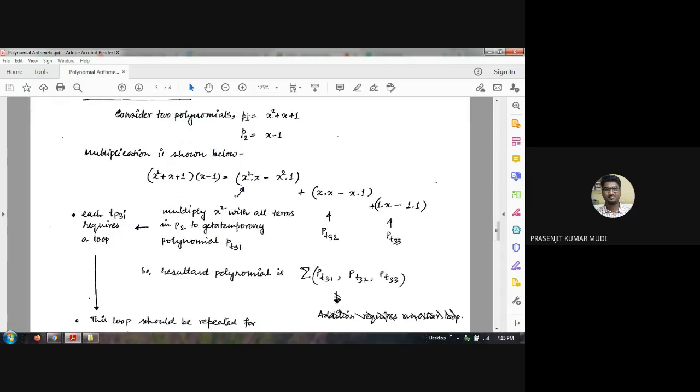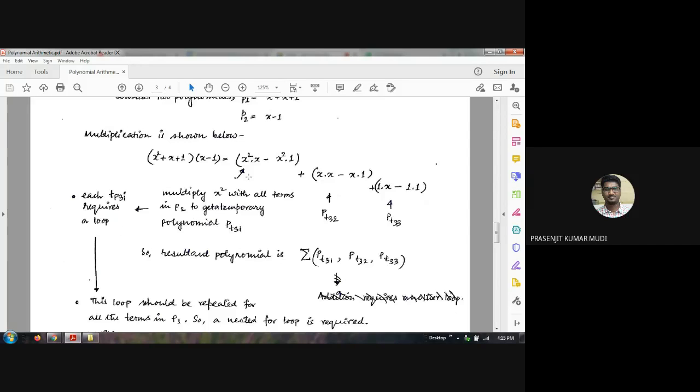P1 is for the first polynomial, P2 for the second polynomial, and P3 for the third polynomial, which is the resultant polynomial. This is the first term of the resultant polynomial. That is why T31: 3 for the resultant polynomial, and T1 for term 1, the first term. So PT31.